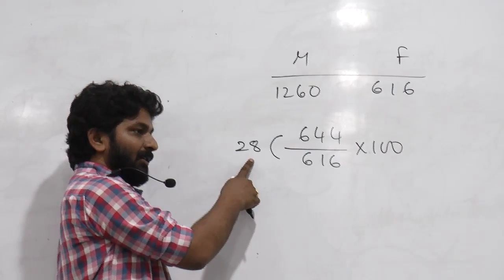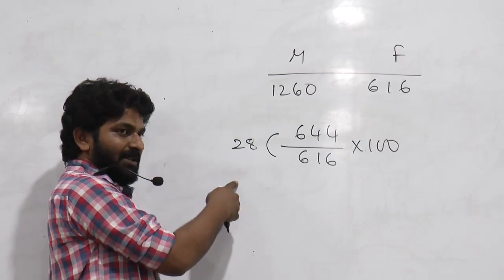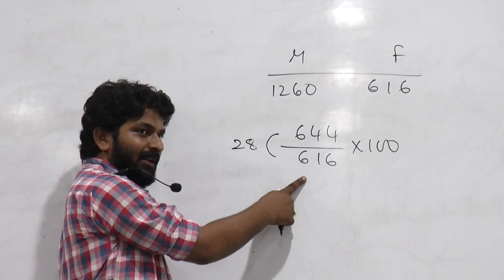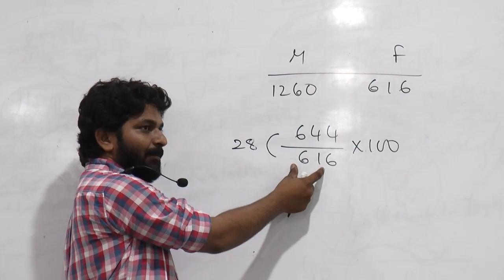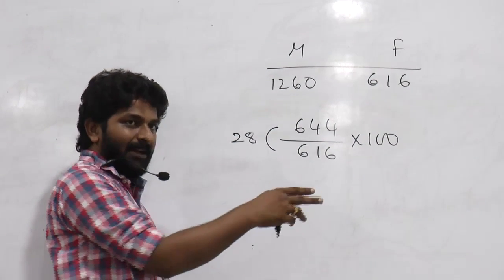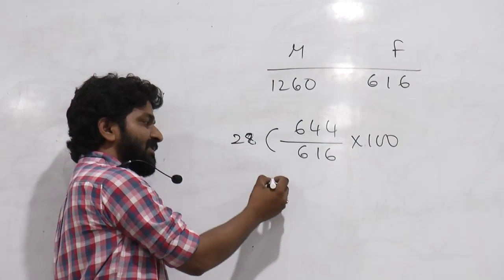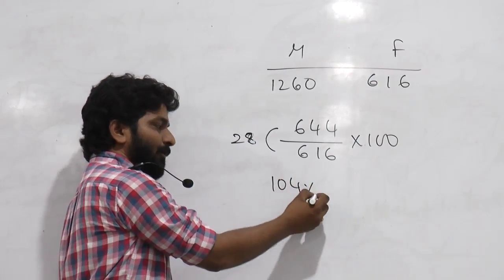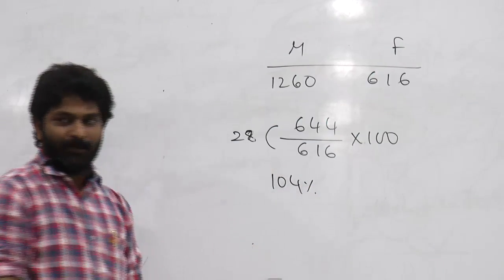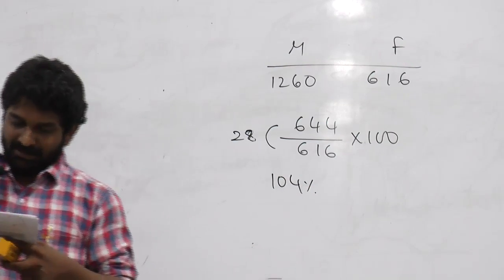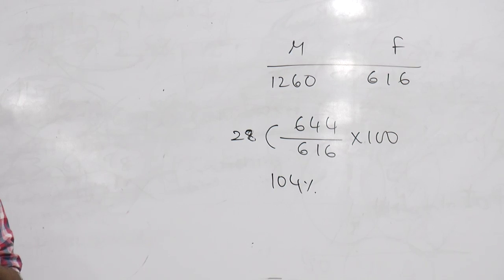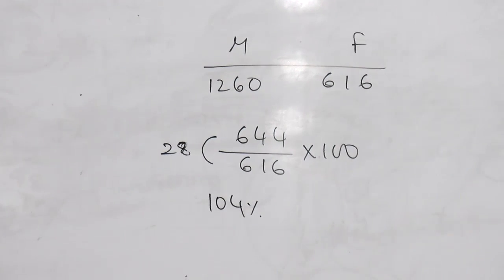So 28 is more than 4% but less than 5%, because 10% is 61.6 and 5% will be 30 point something, which is more than 28. So the answer is definitely more than 104% but less than 105%. There will be only one option. Yes, second option is the only one, 104 6 by 11.